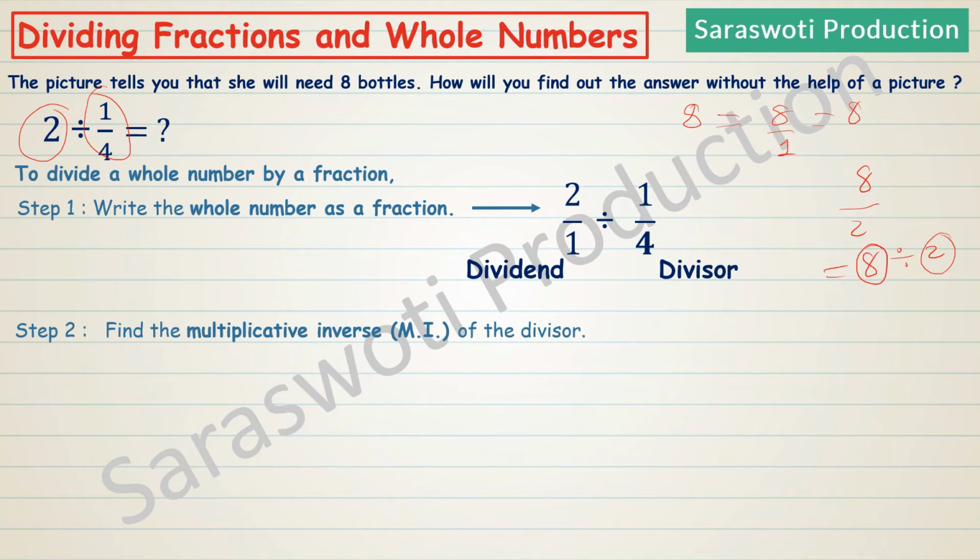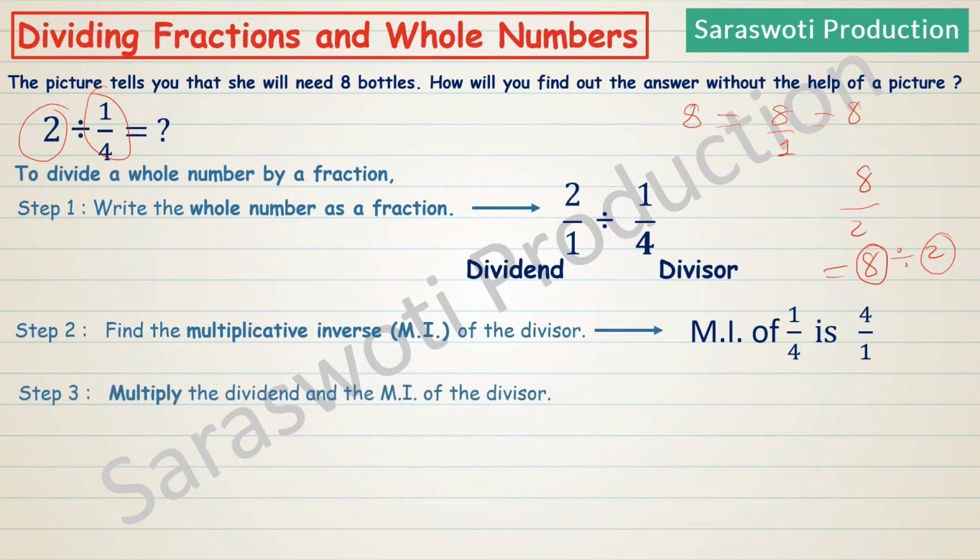Step number 2. Find the multiplicative inverse (MI) of the divisor. So you're going to have here the MI of 1/4 is 4/1. Step number 3. Multiply the dividend and the MI of the divisor. That is going to be 2/1 times 4/1 is equal to 8/1.